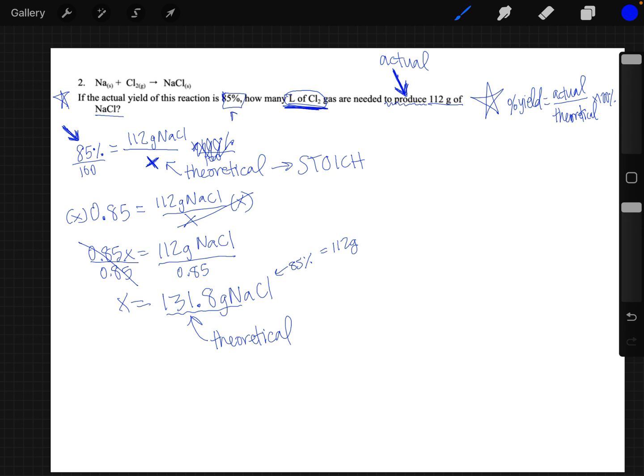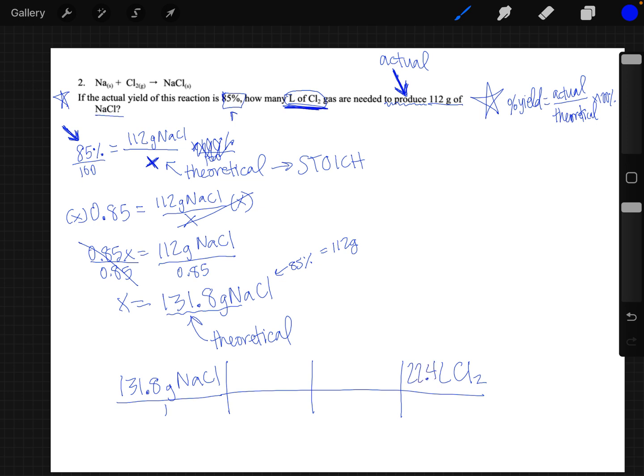So what we're going to do is say, hey, if I'm shooting to make 131.8 grams of NaCl, I can do a 4-step stoic problem to be able to figure out how many liters of chlorine that would take for that goal.